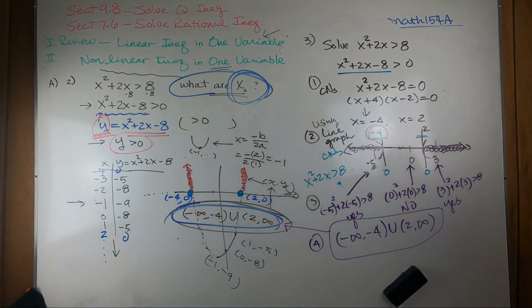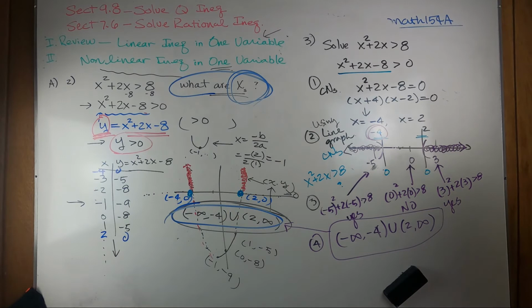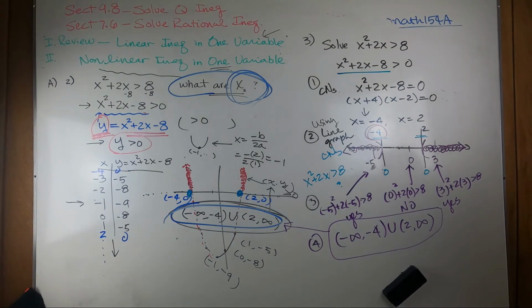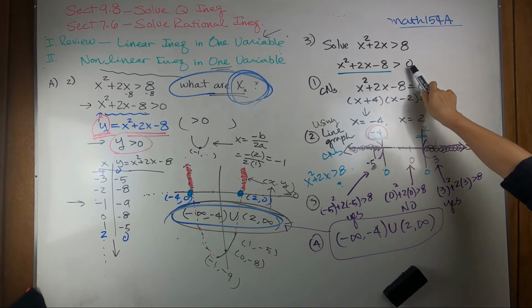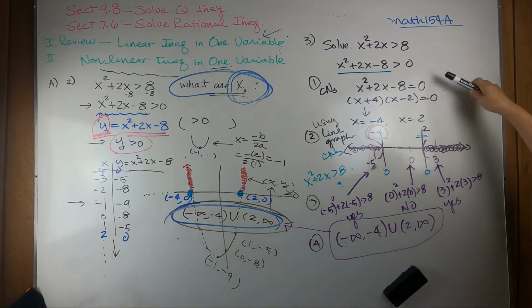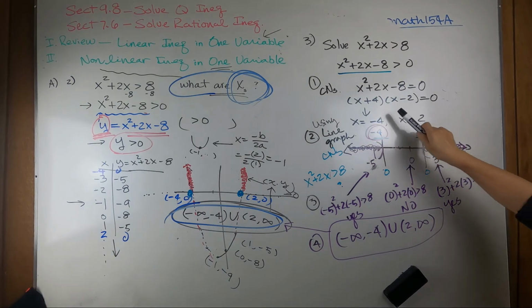Okay, so that's how we actually do it, using a line graph. So what are the steps? Remember the steps. First, write it in standard form, then write equations to find your critical numbers.